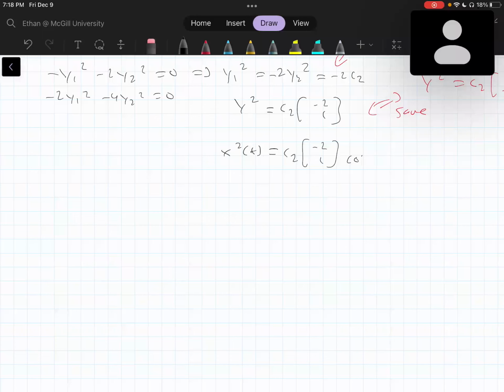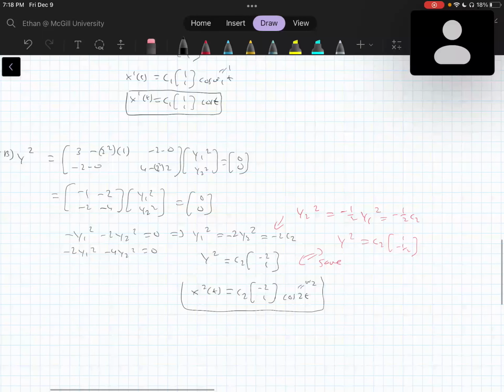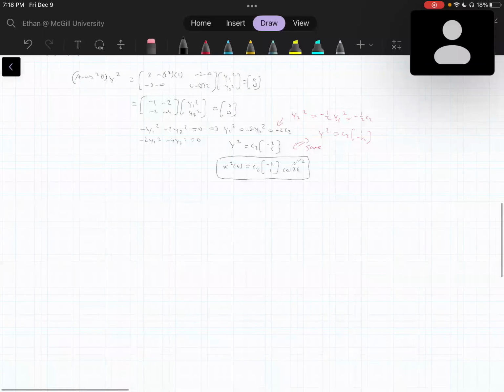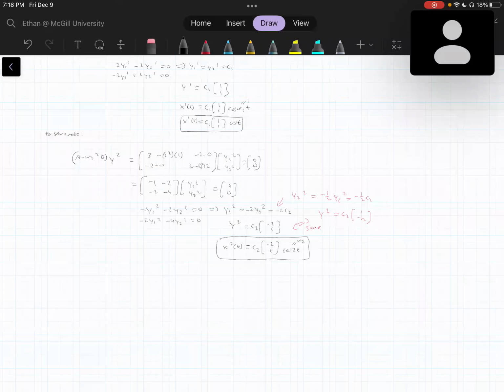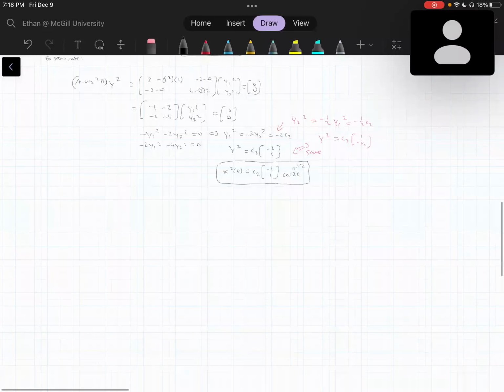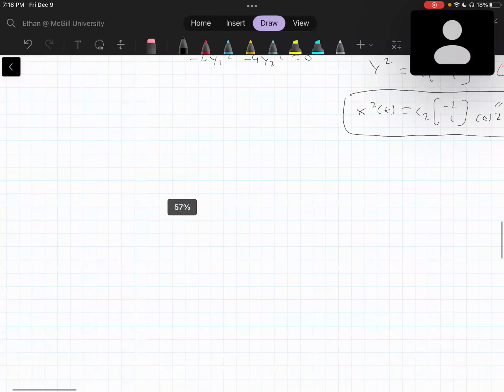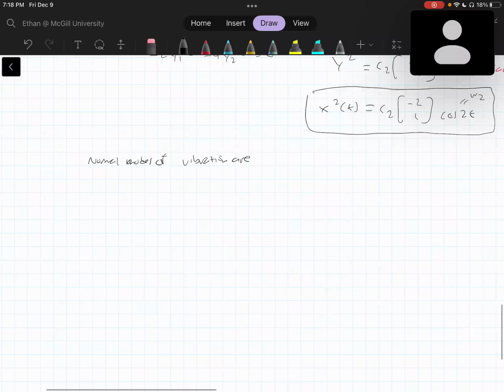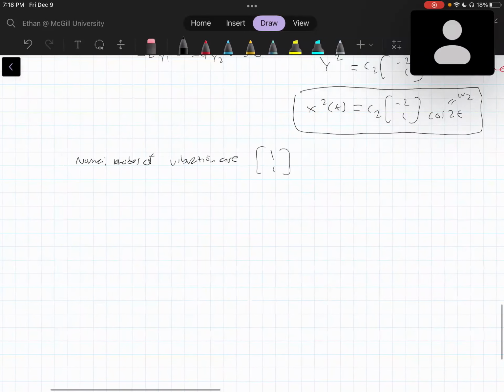Our normal modes are simply the vectors, or simply the y's. So our normal modes of vibration are simply (1, 1) and (-2, 1).